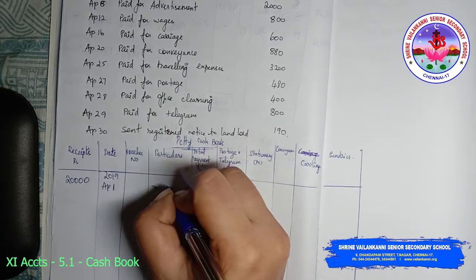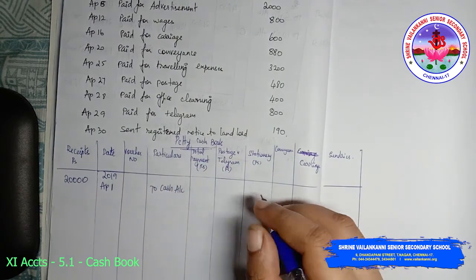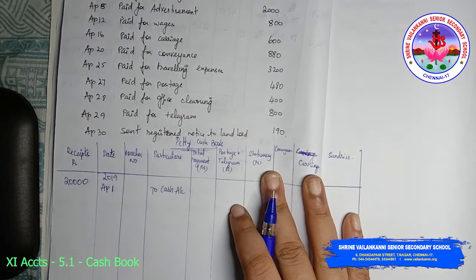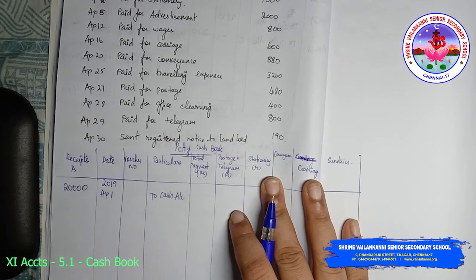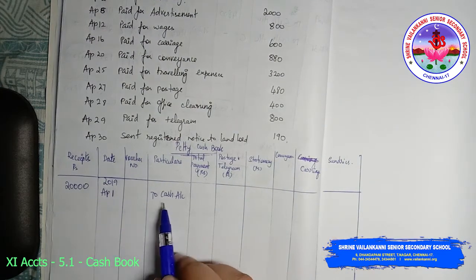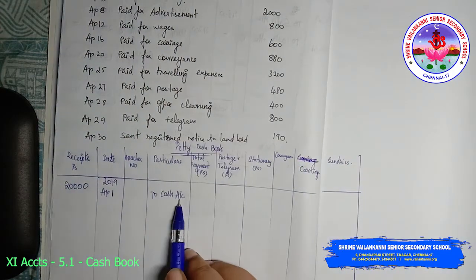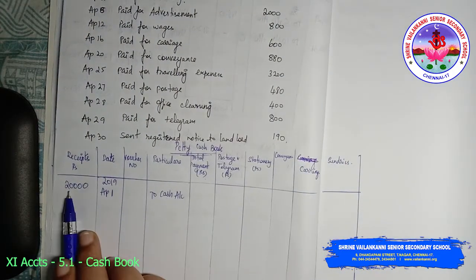Particulars: to cash account. Receipts for cash, so to cash account you have written, and this entry is here.